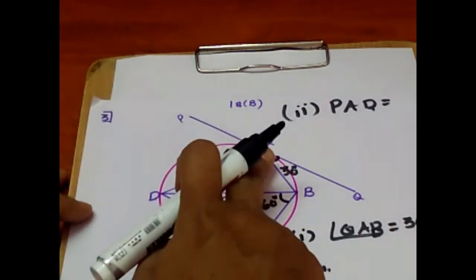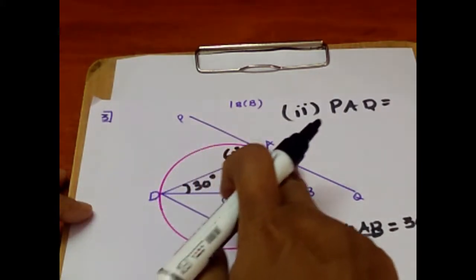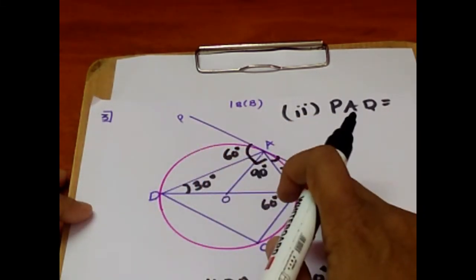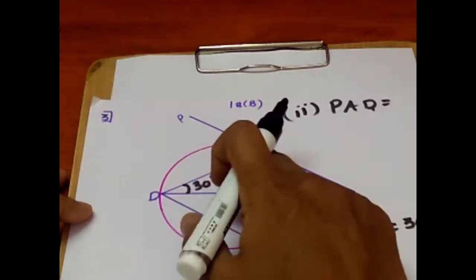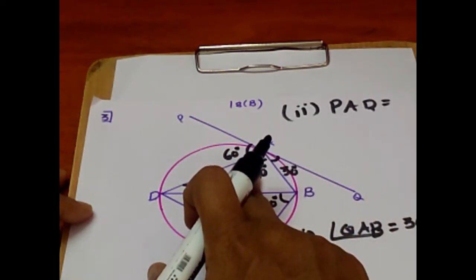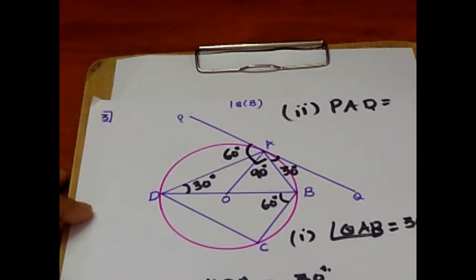By considering PAQ a straight line, the angle at point A is 180 degrees, one angle is 30 degrees, which we proved in step number 1, and the other angle DAB is equal to 90 degrees. Angle in a semicircle is a right angle, hence angle PAD is equal to 60 degrees. This is point number 2.